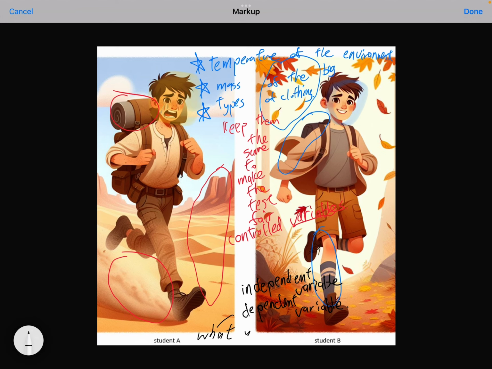So what you can measure is the time taken to finish the whole race. Things you can measure and compare are called a dependent variable. And in Form 1, there are several common measurements.